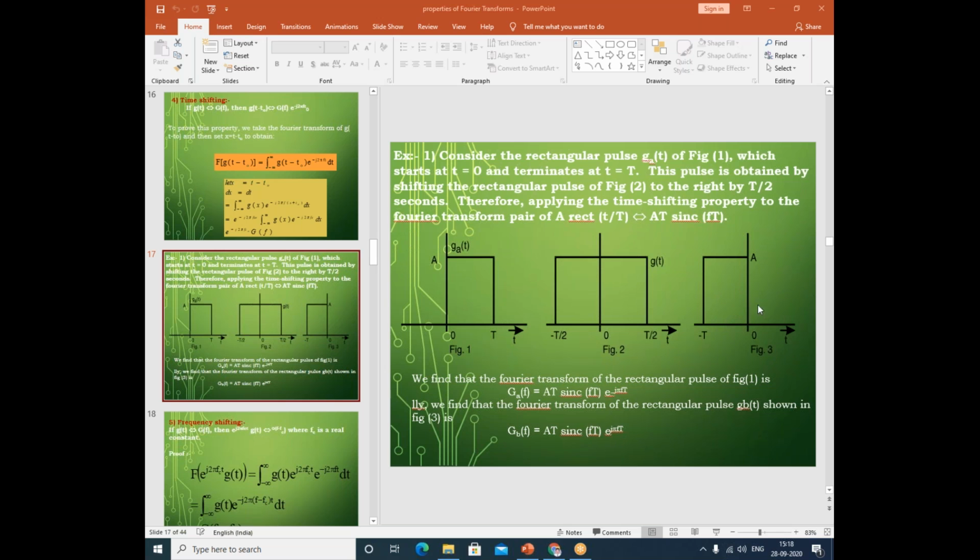Now observe this waveform, see figure 3. Now tell me for figure 3, what should be the shift? Your actual waveform is this one. When compared with this waveform, is the shift towards right or towards left? Please post it in the chat box.